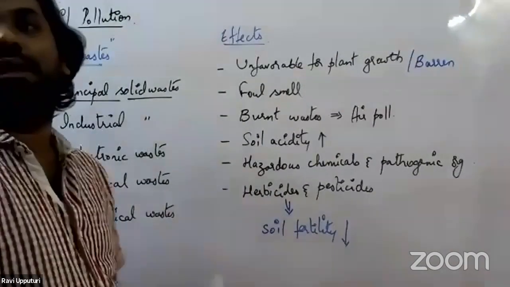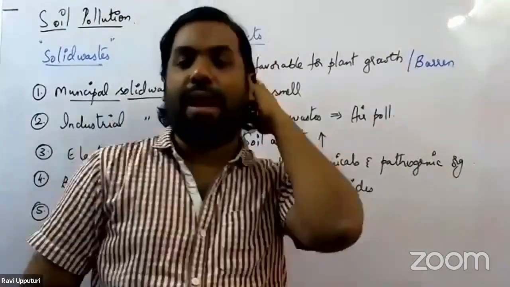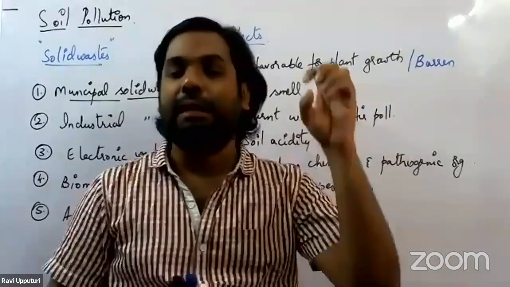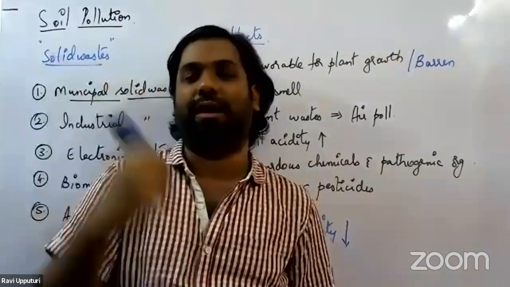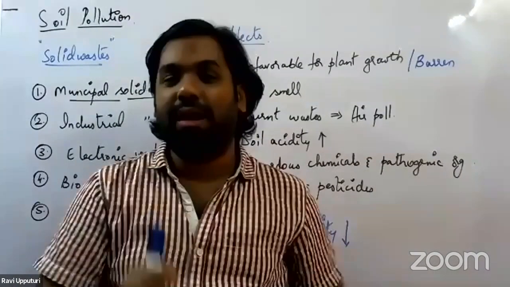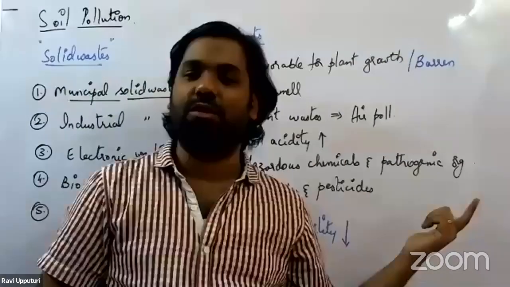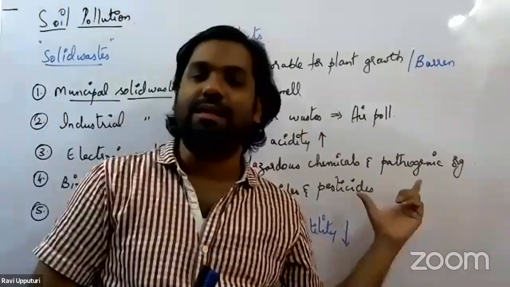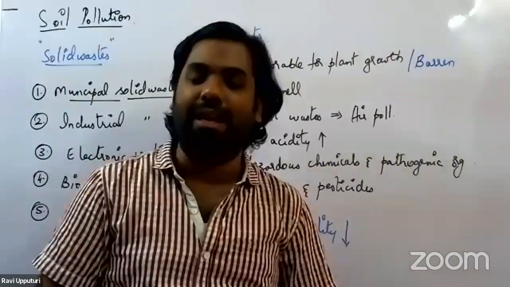How is the soil fertility being reduced? These herbicides as well as the pesticides, rather than acting on the target organisms, would start acting on the non-target organisms also. Non-target organisms such as bacteria that is present in the soil, as well as the earthworms that are present in the soil, just to name a few. Once these herbicides and pesticides and insecticides start acting on the bacteria, what happens?